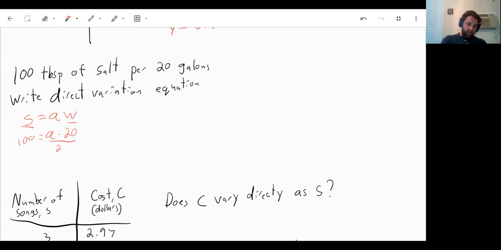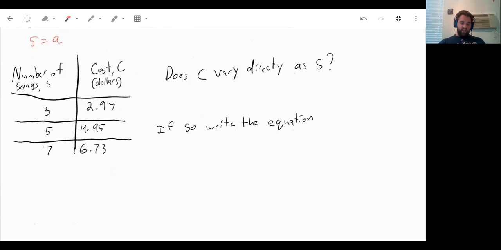So we can go ahead and solve for A, which will give us a total of 5 for A. So now our direct variation equation is just S equals 5W. And that's all there is to it. If you have a 100-gallon tank, you now put 100 in for W, and you know how much salt to add. If you have a 10,000-gallon tank, you put that in for W, solve for S.